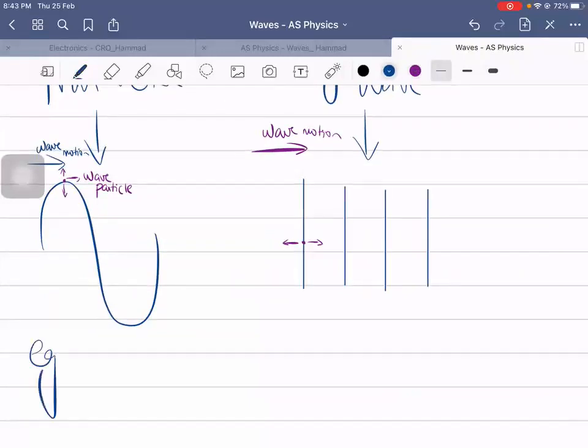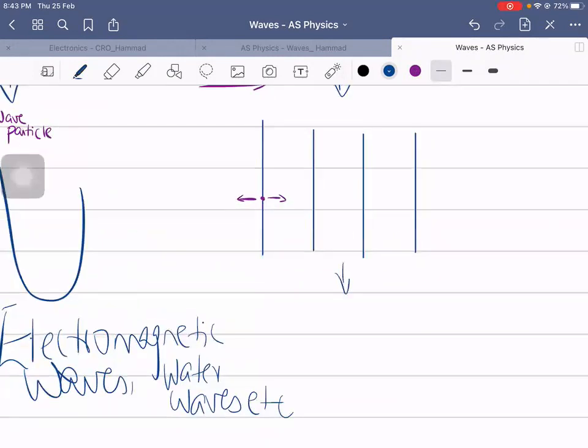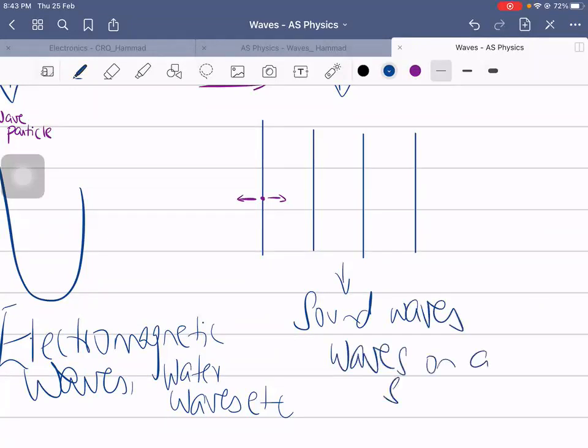Transverse waves include electromagnetic waves, water waves, etc. Longitudinal waves include sound waves, and waves on a spring.